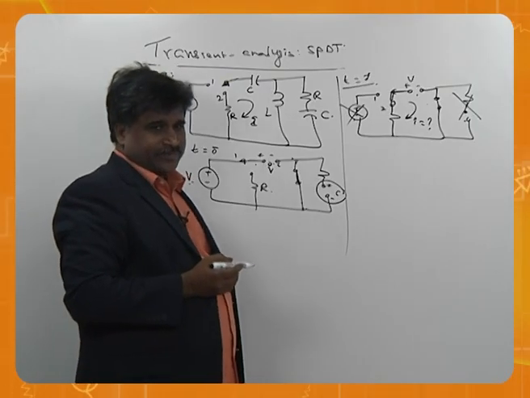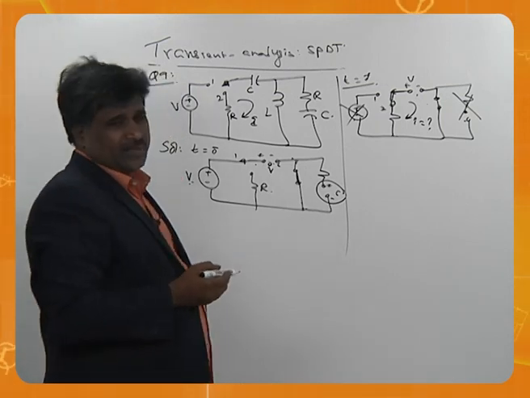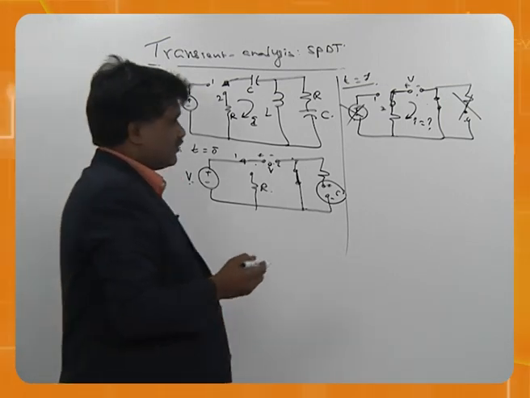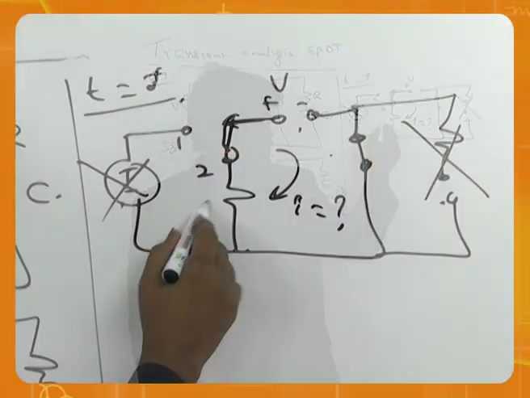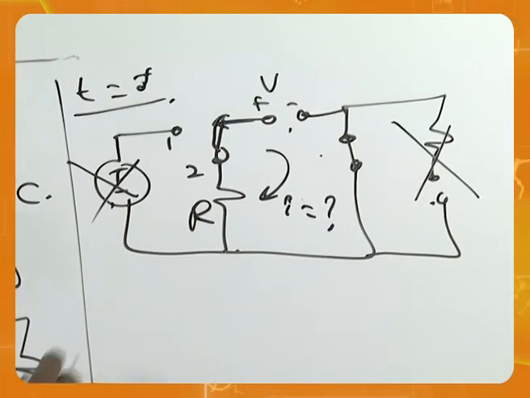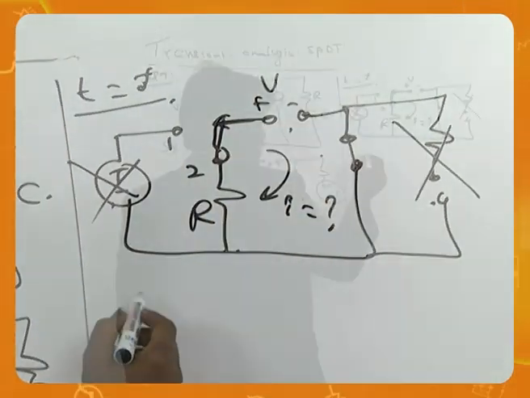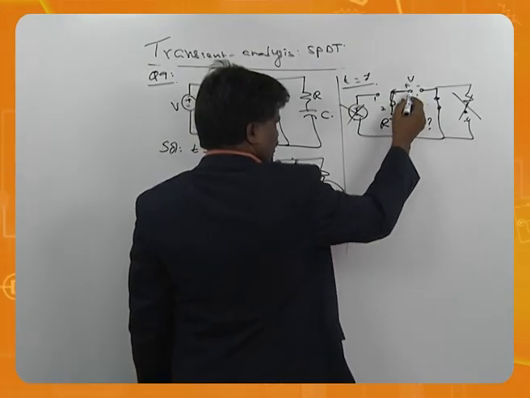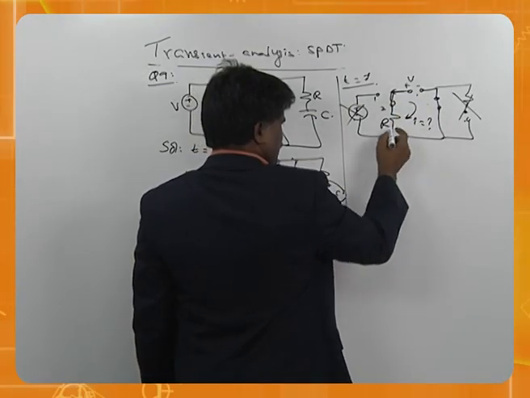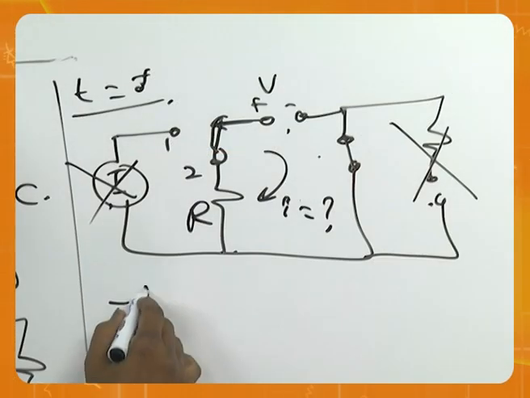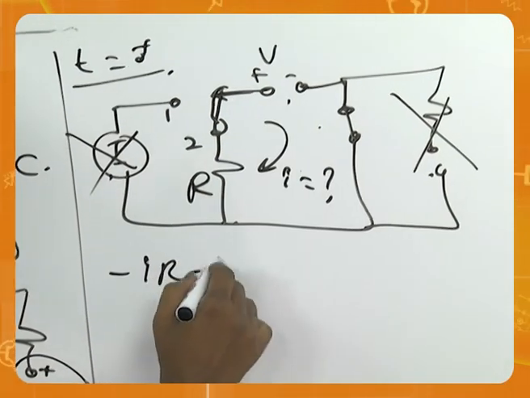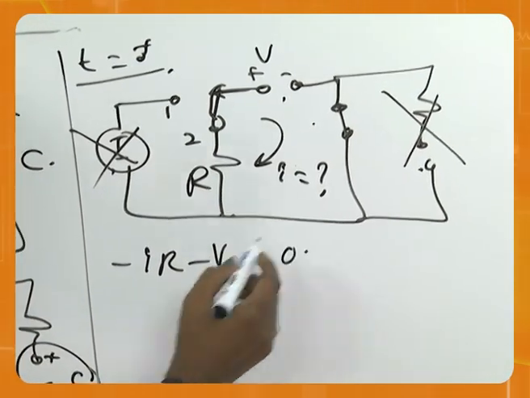Now in this way, if you apply Kirchhoff's laws there, now this is R here, directly apply here, right? For example, you are going in the direction, minus IR minus V is equal to 0.